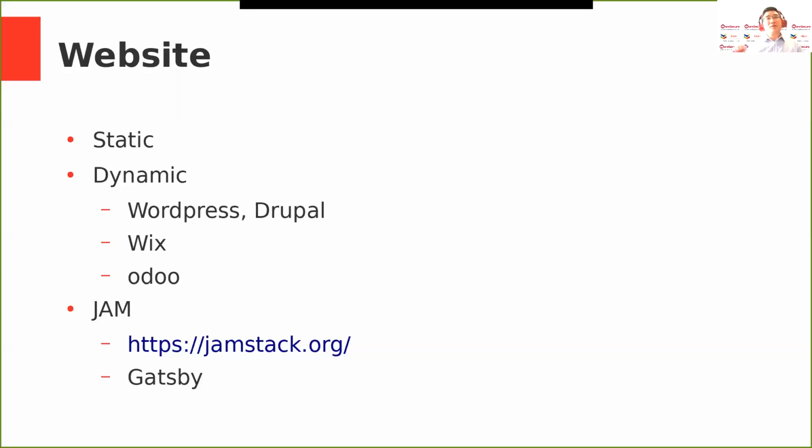For dynamic, nowadays you go to a lot of very fancy websites. You can say it's based on WordPress, which used to be a blog platform, but people use it to do a lot of website building nowadays. Or you can use a content management system such as Drupal to build your dynamic website. WordPress and Drupal are open source platforms.